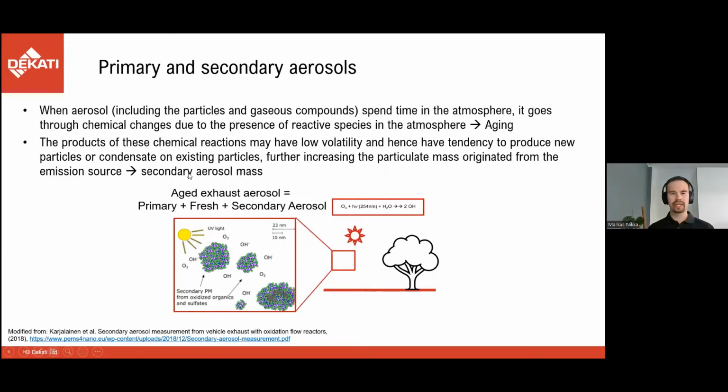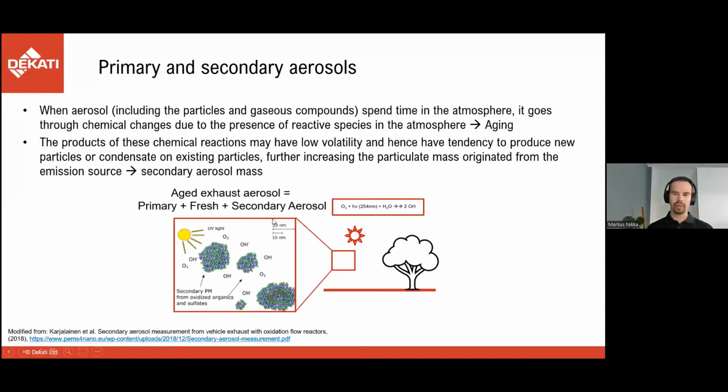And this aged exhaust or aged aerosol combines the whole range of particles formed in the engine and the atmosphere.